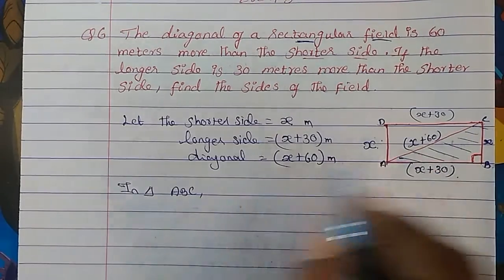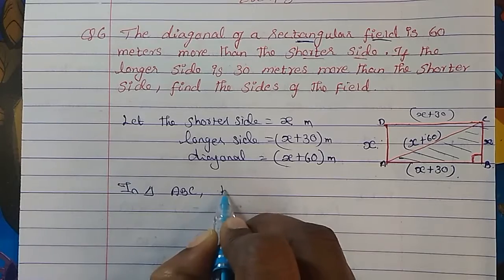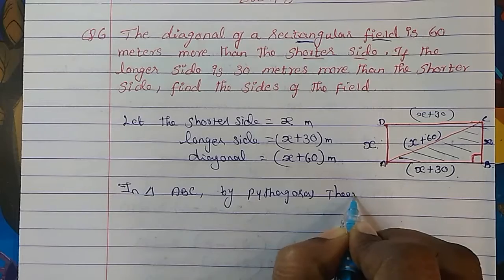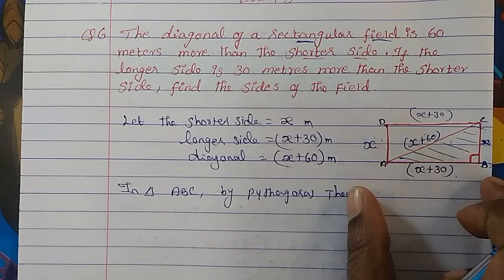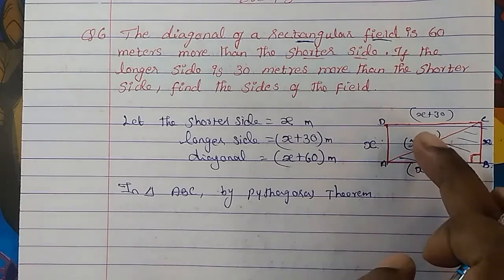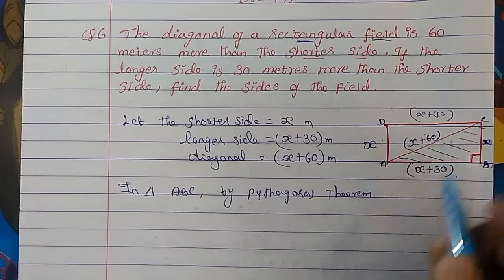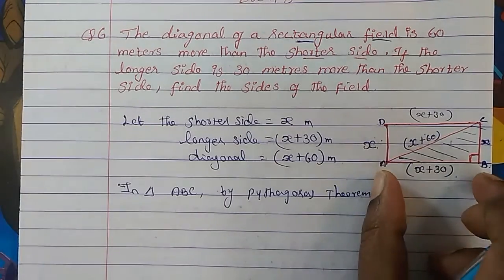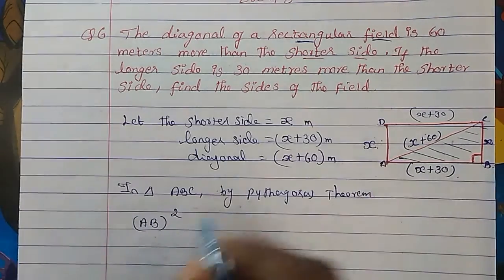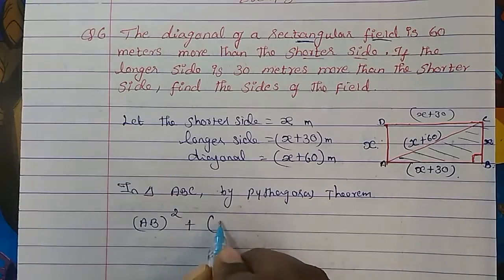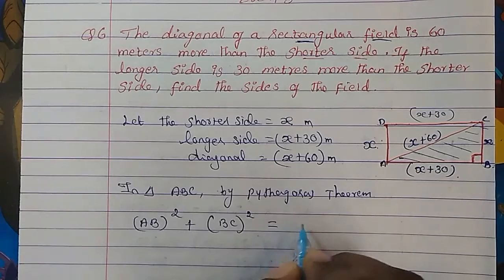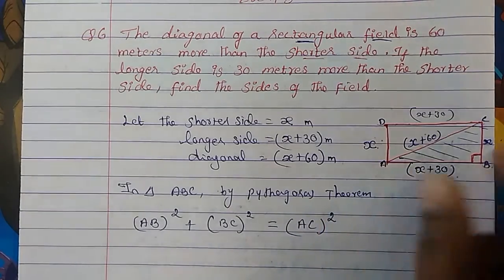So in triangle ABC, by the Pythagoras theorem. What does the Pythagoras theorem say? The sum of the squares of the two sides will be equal to the square of the third side, that is the hypotenuse. So the square of this side AB plus the square of this side BC together will be equal to the square of the hypotenuse, this is AC.